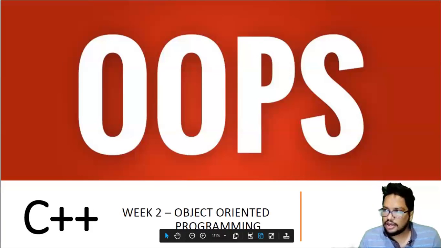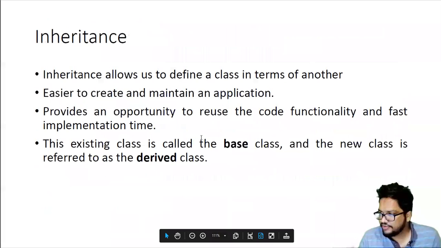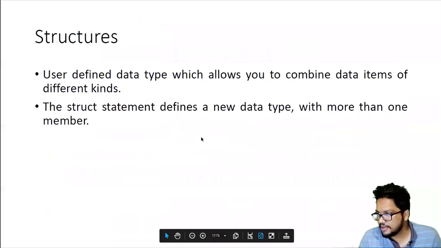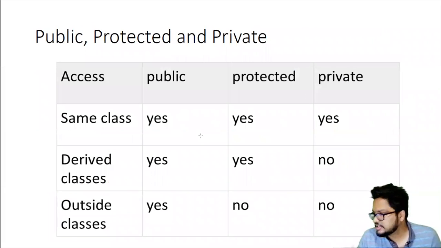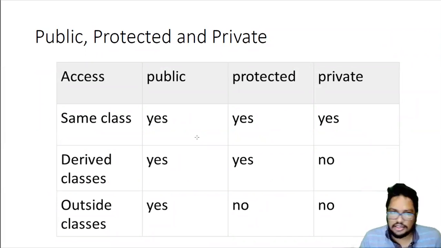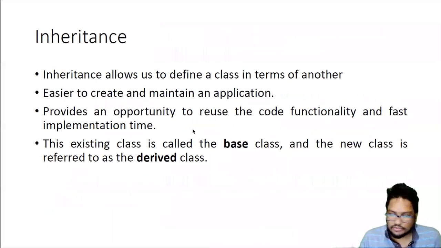Right. So last week we discussed the object-oriented programming concepts, and thereafter a few important things under object-oriented programming, and then finally we moved on to a topic called inheritance, right?